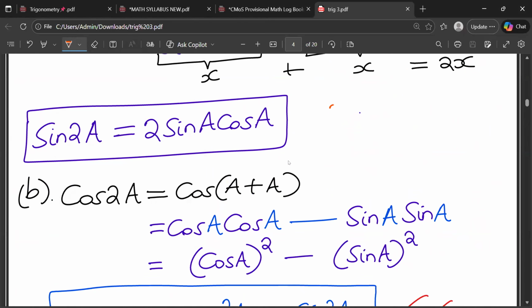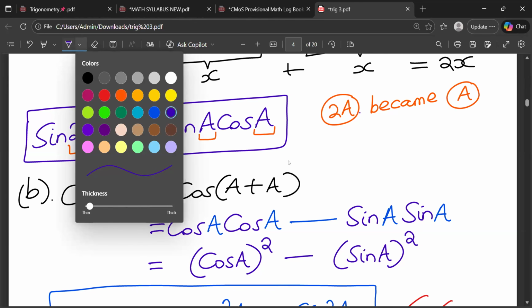Here, 2a became a. Do you see that? Here we had 2a, but the angles on this side are a and a. Seeing that?